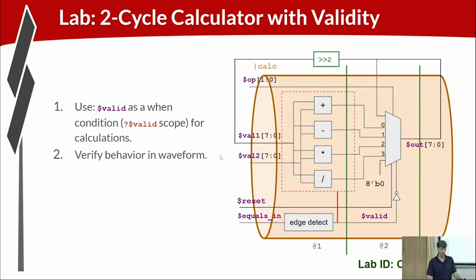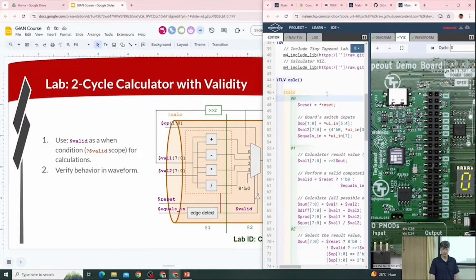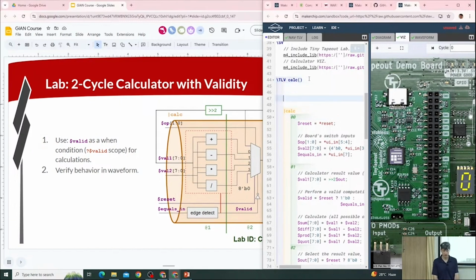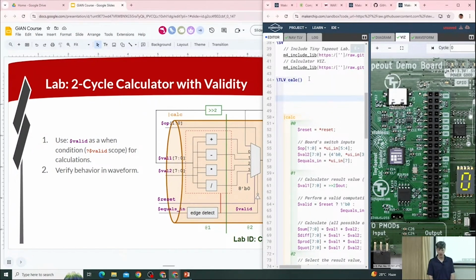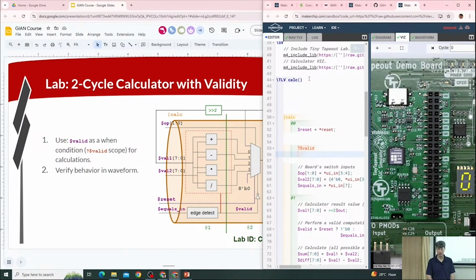All right, I thought I had a little reference here for the syntax, so let me do this side by side. I'll just put it in my calc pipeline. So if you have a valid signal, which actually we do, to apply that valid signal as a when condition, write when valid, and then put your logic under this. You can actually do this one of two ways.